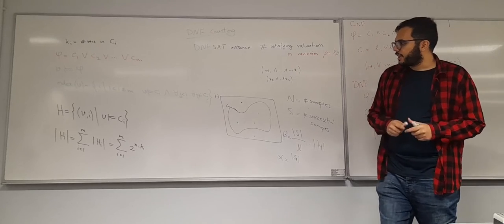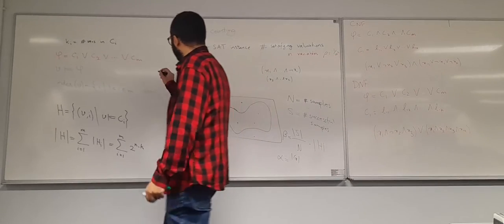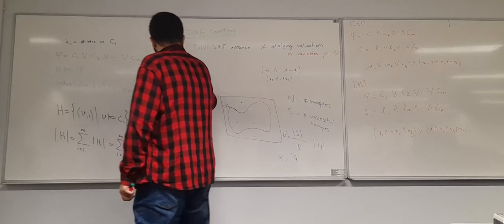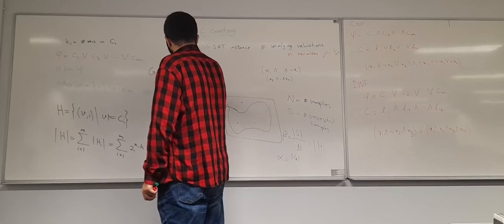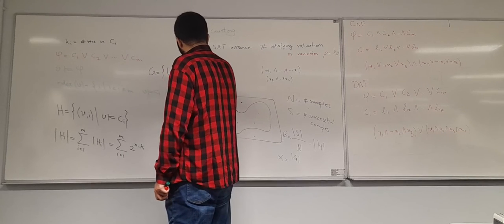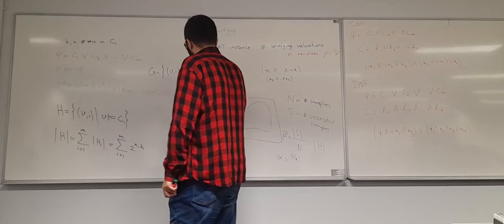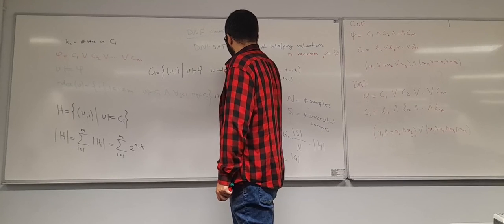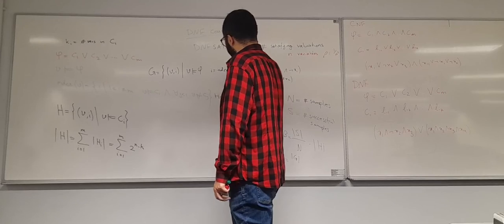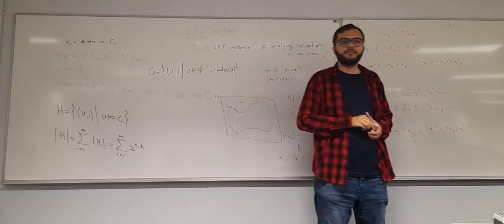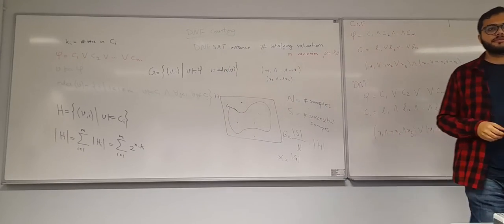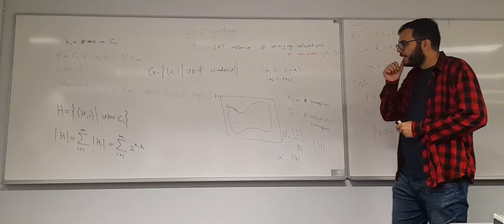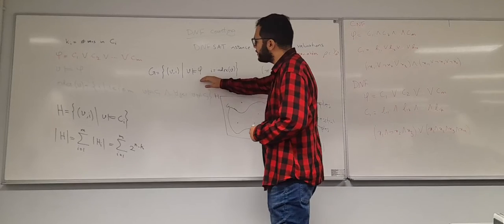So I can define my set G to just be the set of all V and I, such that V is a valuation that satisfies my formula phi, and I is the index of V. Now, why am I doing this?